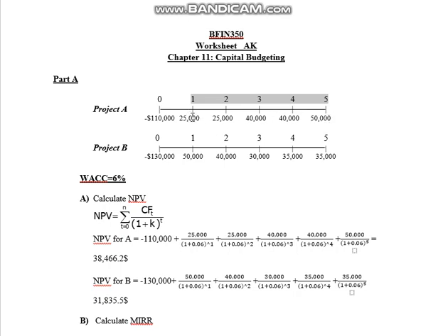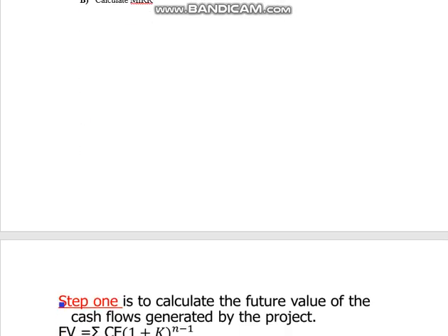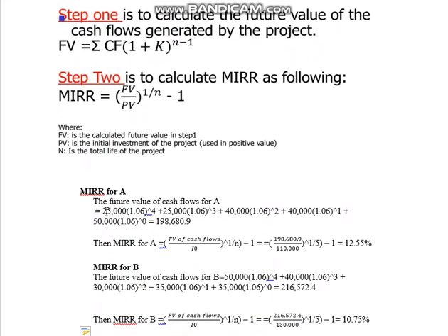We start first from 25,000, and according to the future value formula, it should be multiplied by 1 plus 0.06, which is the weighted average cost of capital, to the power 4, which is n of a future, since from year 1 to year 5 we need 4 years, plus 25,000, which is the cash flow at the second year, times 1 plus 0.06 to the power 3, since from the second year to the fifth year we need 3 years.